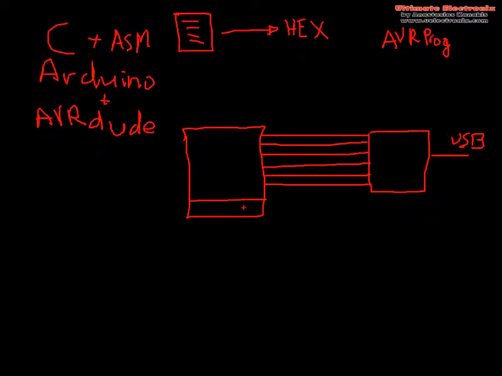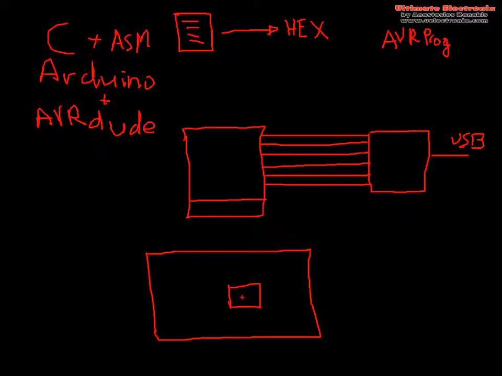Actually the connection is not through the programmer anymore, because Arduino is a development board. This is a development board. It has a chip inside, which is this chip, it has the bootloader program here, and it has, for example, the USB port.